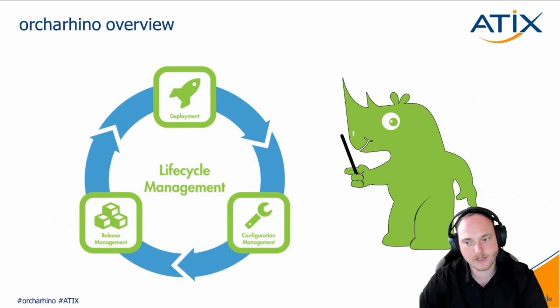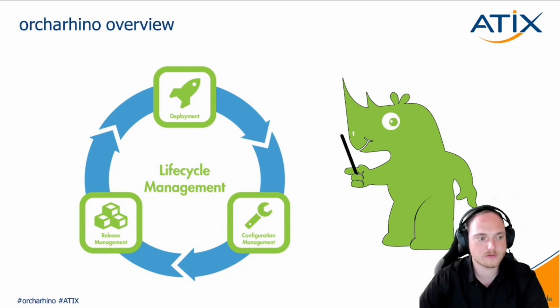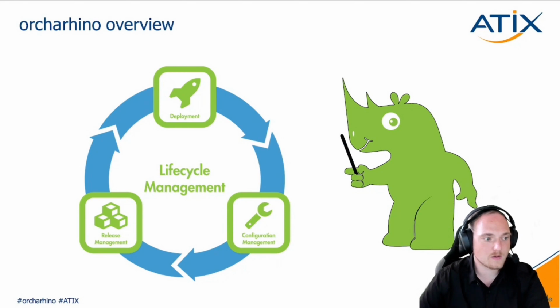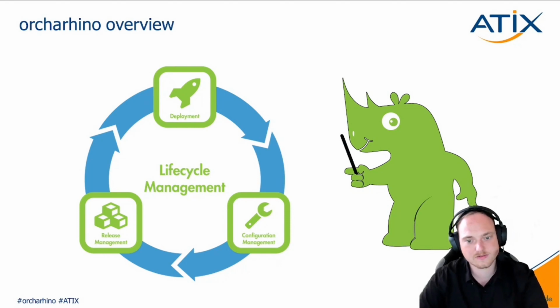You can also configure Windows with Orcharhino and Ansible or Puppet or even SaltStack. And well, you could do release management on Windows, but it's not that good. So what we can do with the Orcharhino and Windows patch management, I will show you in the demo and say a bit more about it.